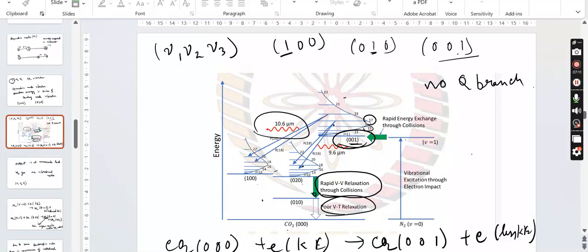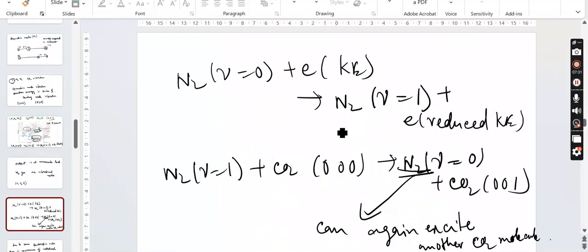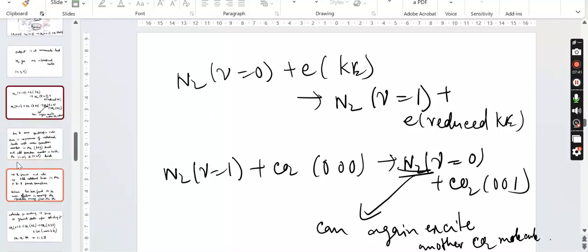So the nitrogen molecules go to this level and transfer energy to the carbon dioxide molecules in the ground level, which go to the 001 level. The nitrogen molecules come back to the ground level and can again pump another set of carbon dioxide molecules, and that is how it works.